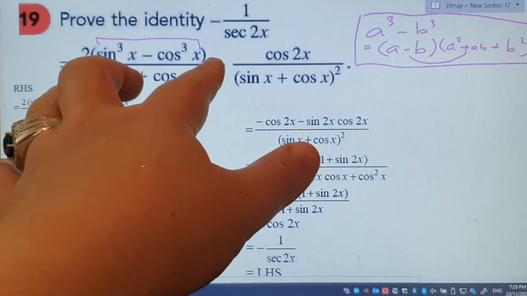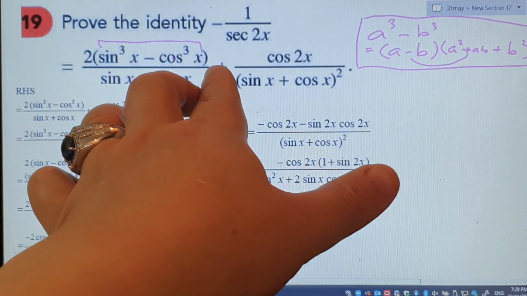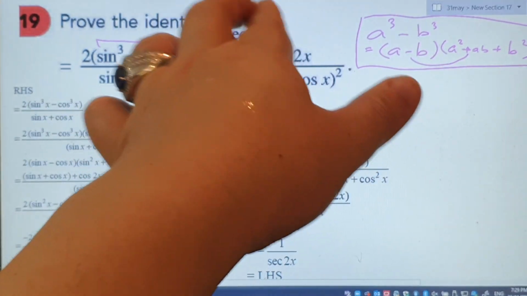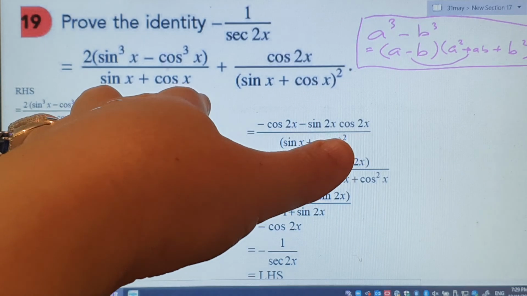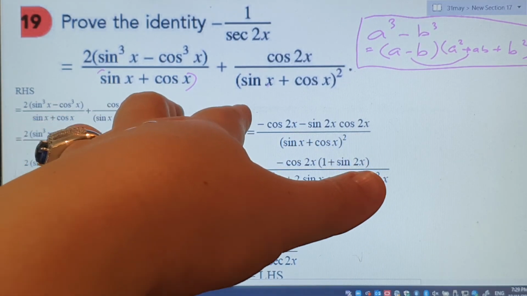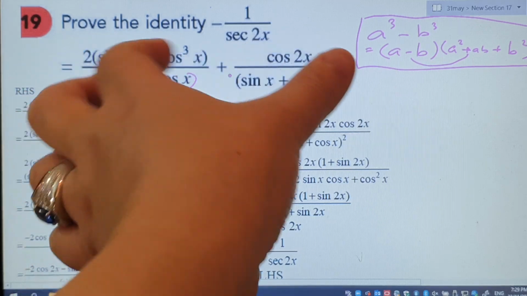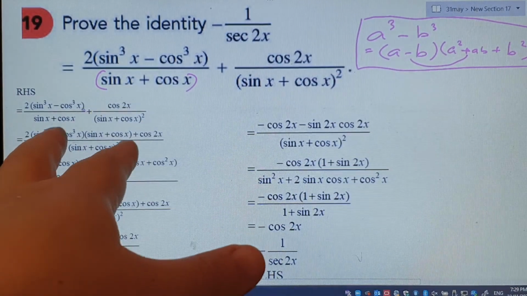Now you notice that the right hand side consists of something plus something. But what you want to prove is only one single fraction. So the immediate logical thing that you must do is to make the two denominators the same so that you can become one single fraction. That's what we are doing here.